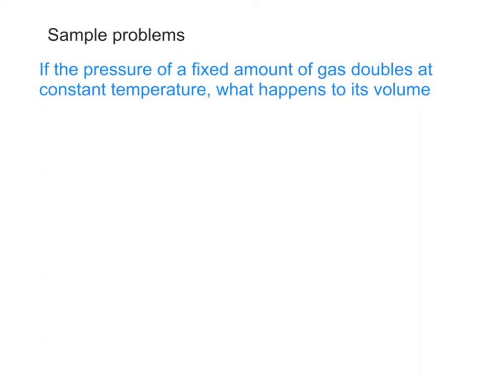So here you have a sample problem, and you want to solve it. It says, what if the pressure of a fixed amount of gas doubles at constant temperature, what happens to its volume? There's several ways to think about solving this problem. We could say, okay, well, we're talking about pressure of a fixed amount of gas, and they're asking about volume, and they tell us that temperature is constant, so I'm not going to worry about temperature.